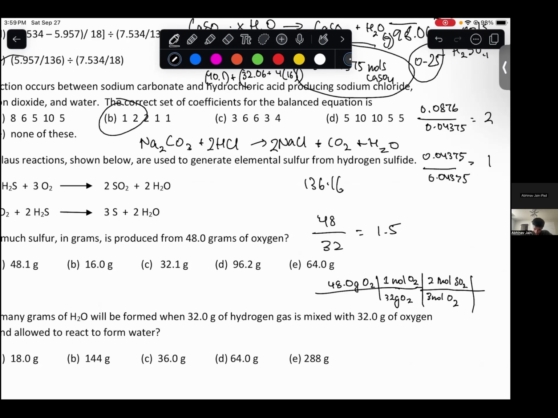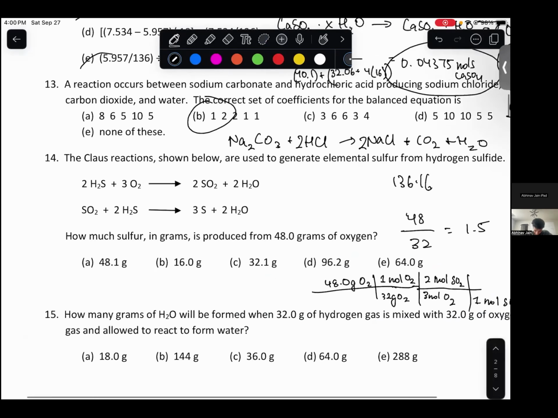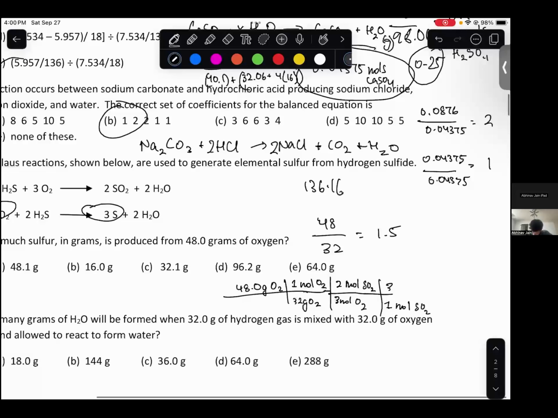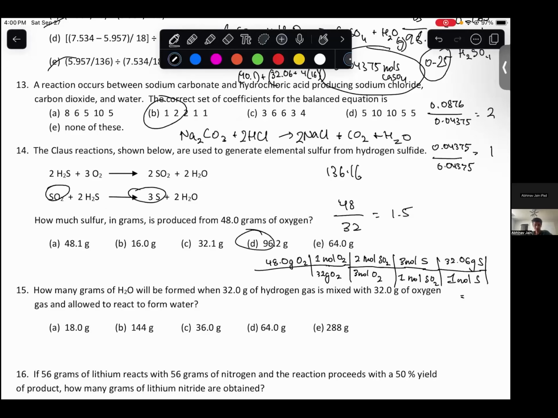And for every 1 mole of SO2 we have 3 moles of S. And we have that for every 1 mole of S, we have 32.06 grams of S. So if we multiply all this out, 48 times 2 times 3 times 32.06 divided by 32 divided by 3, that's going to be 96.18 grams. So that's going to be consistent with answer choice D.